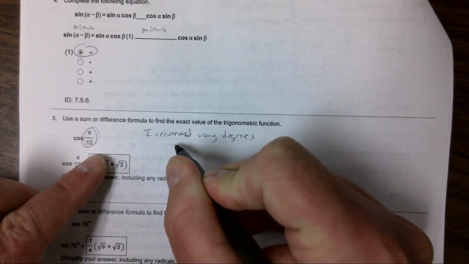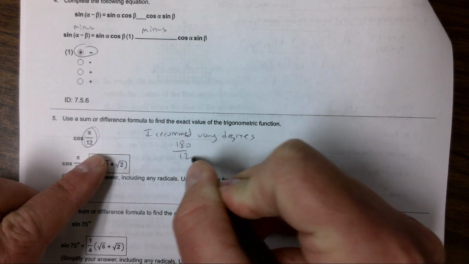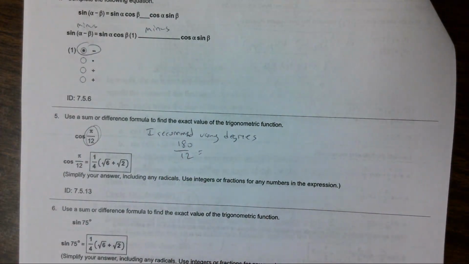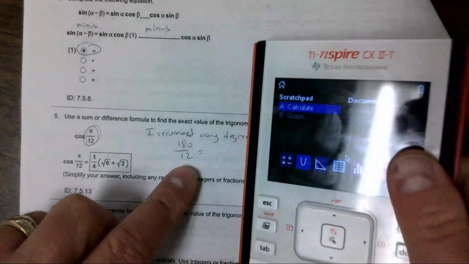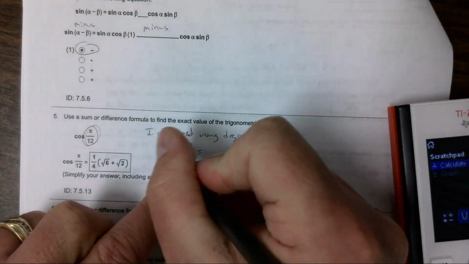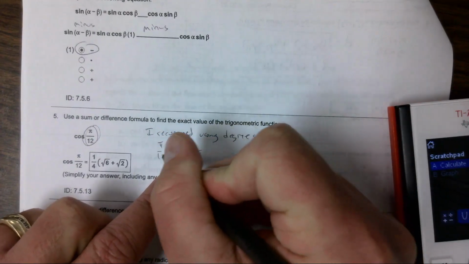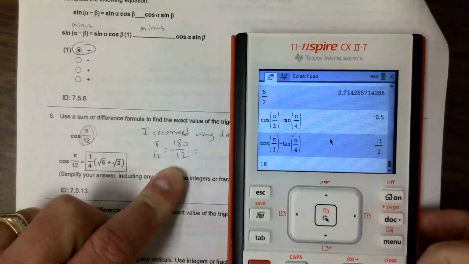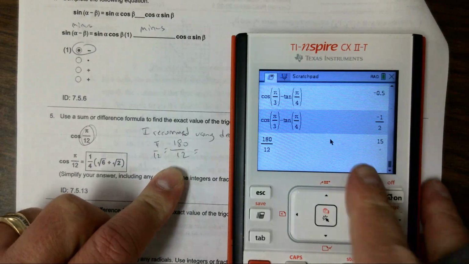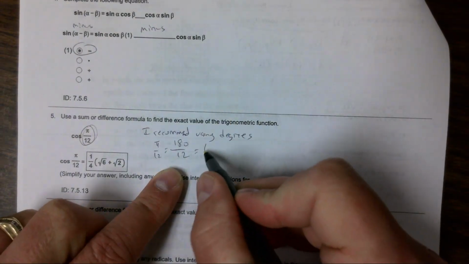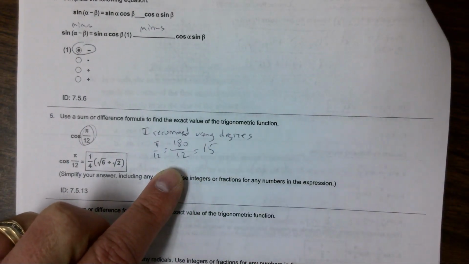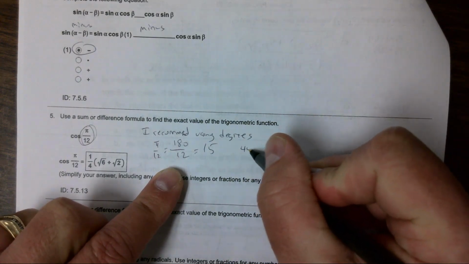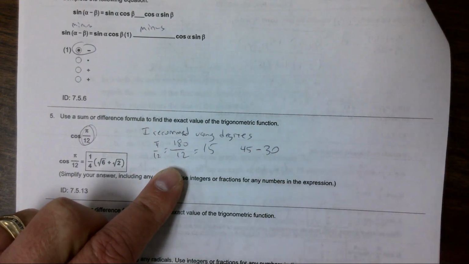And so we would do 180 divided by 12 to figure out what that is, because pi 12ths is equivalent to 180 12ths. And 180 divided by 12, that's 15. Okay, well I know I can make 15 by doing 45 minus 30.